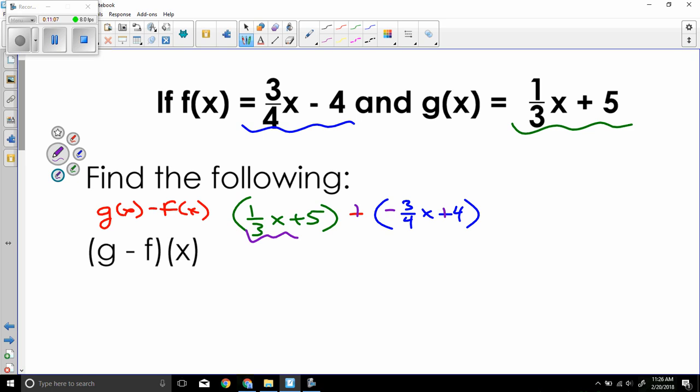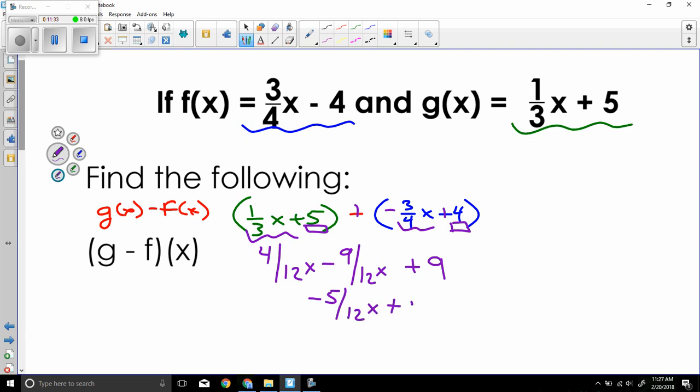I see that these are like terms, so I just need to figure out the common denominator between 3 and 4. I know that's 12, so it's 4/12 x here. Then I have minus 9/12 x. And then my 5 and my 4 will combine to make my 9 over here. This, of course, will give me negative 5/12 x plus 9.